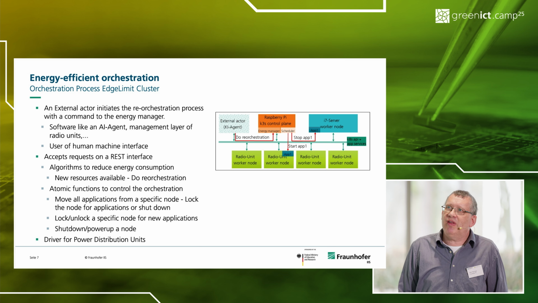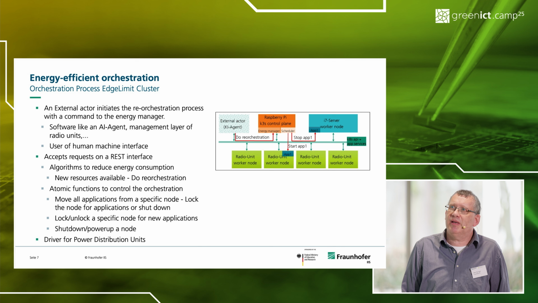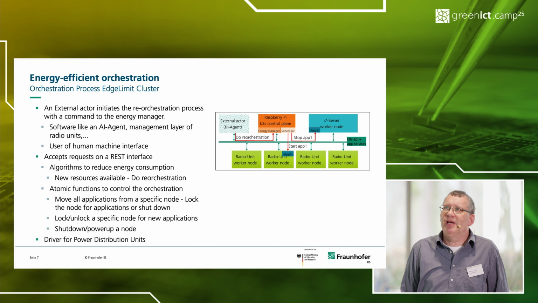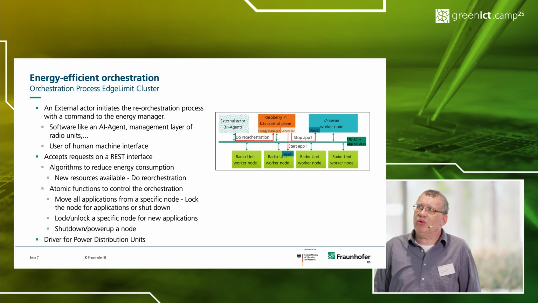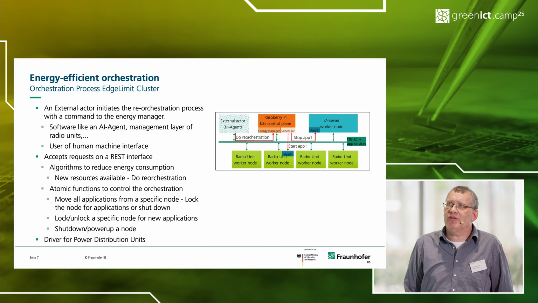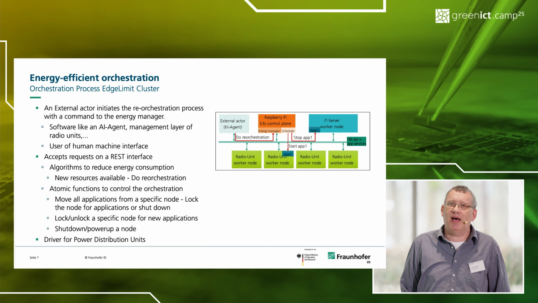And if the KI agent sees that there is a necessity of doing reorchestration, then it sends a message to our energy manager. The energy manager talks with the scheduler, and the scheduler now is responsible for moving, for example, an application.